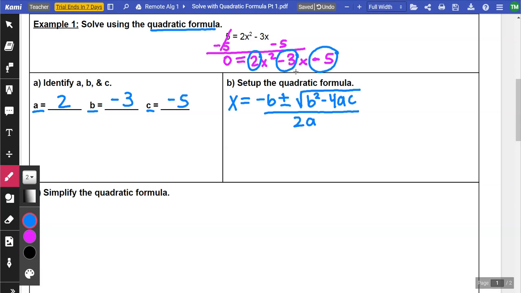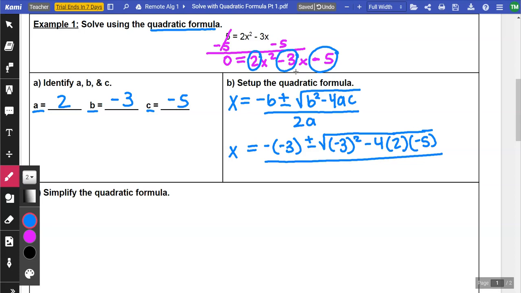-5 for c. So we're going to have x equals the negative of b. So we're taking the negative of -3 plus or minus the square root of -3 squared minus 4 times a is 2 and c is -5, all over 2 times a, which is 2.